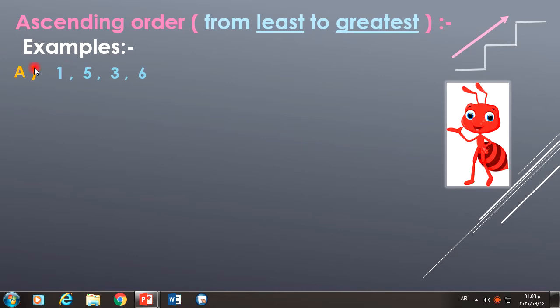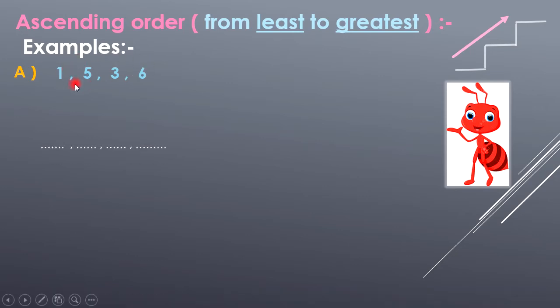Where is the smallest number here? The smallest number is 1. So I cross 1 and put 1 at the first, because we want to order numbers from least to greatest. And we said that least means the smallest number and greatest means the biggest number.